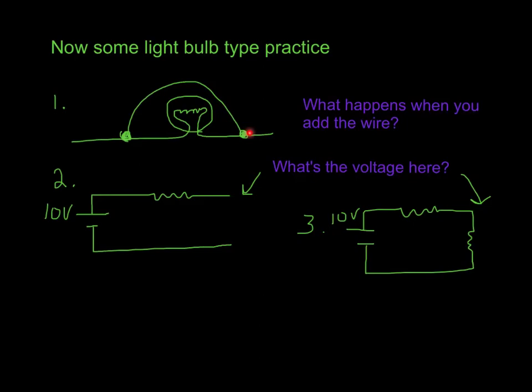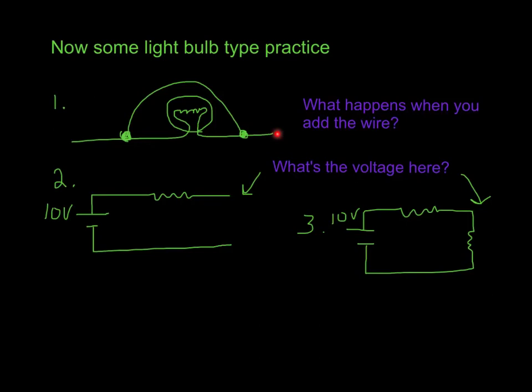It's a nonlinear resistor, but let's just assume it's a straight resistor for these problems. Then the current has a chance to go through 0 resistance or some resistance. It's going to choose the path of 0 resistance, and all of the current is going to go through this jumped over wire here, and none is going to go through the light bulb. You basically shorted out the light bulb, so it's going to take a path around the resistor.